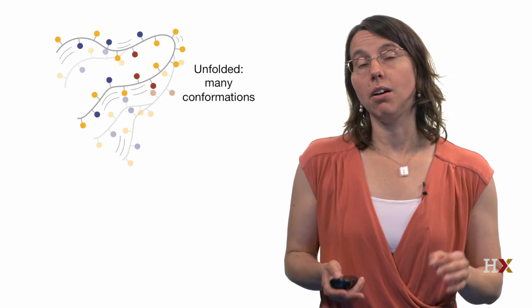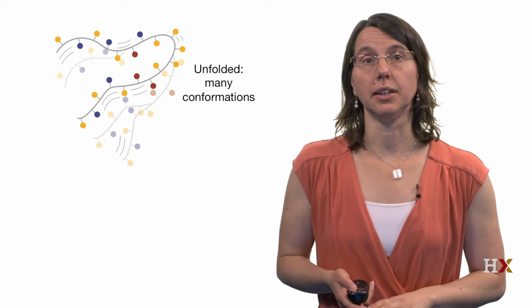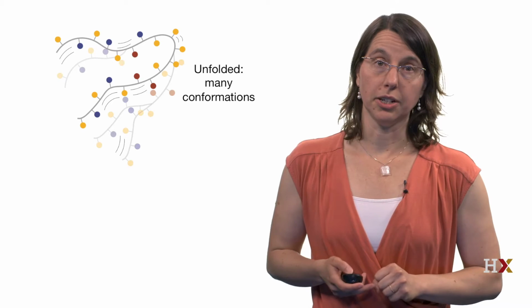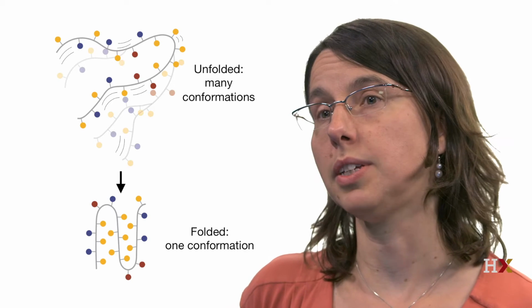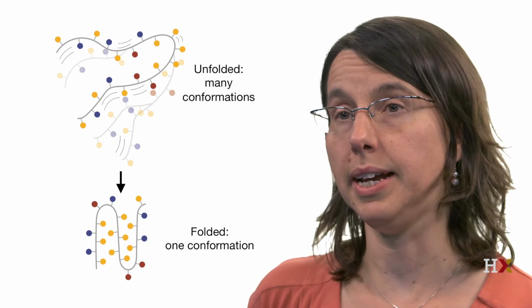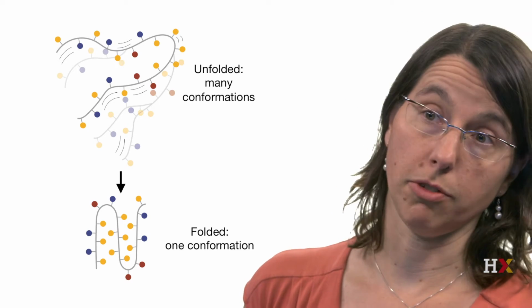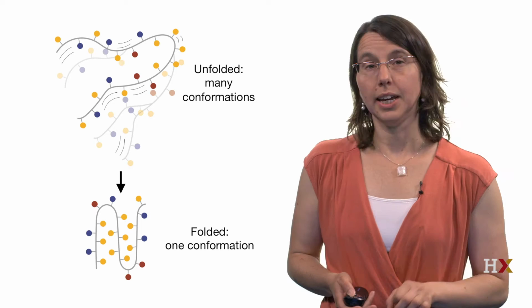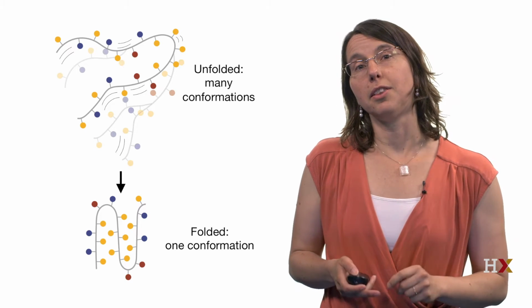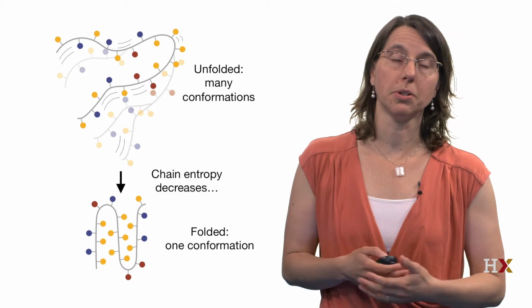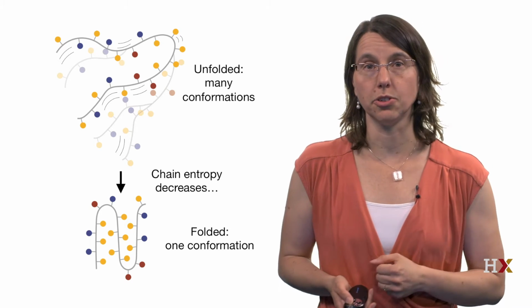That means all that conformational flexibility provides the unfolded protein a lot of conformational entropy. Now, once it folds, it will achieve one single native conformation, and that greatly reduces the conformational entropy of the protein. And it turns out that this is the major force against protein folding, so it opposes protein folding because you have a loss in entropy.